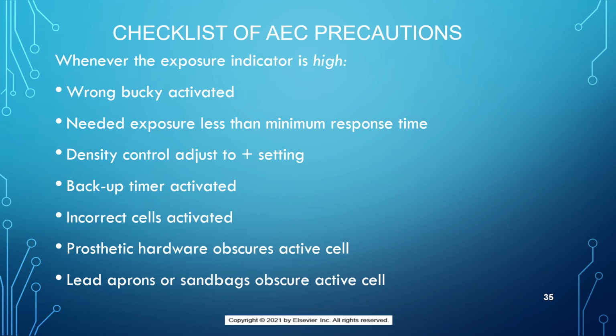The rest of the image is just like a dark charcoal gray. Yeah, that's on you. That's overexposure. Okay, you shouldn't have run it with a prosthetic hip. You should have asked if the patient had a prosthetic hip, and you should have known not to use the AEC if they had a total hip replacement.